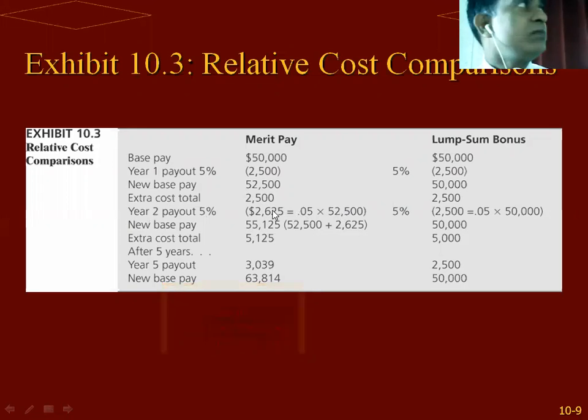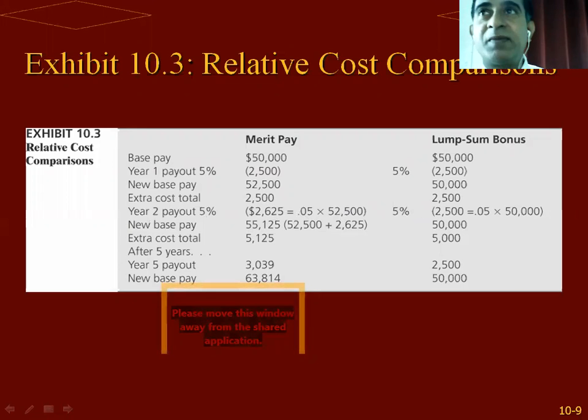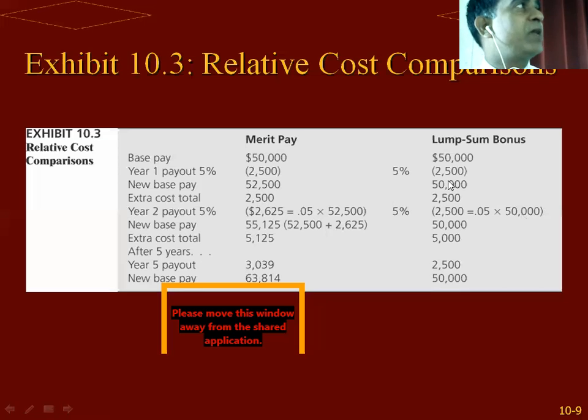For our convenience, the year 2 payout is maintained at the same rate, 5%, in the second company also. So the amount is 5% of base pay. Base pay has remained the same. How much is it? 50,000. So 5% of 50,000 base pay, the payout is $2,500 only.